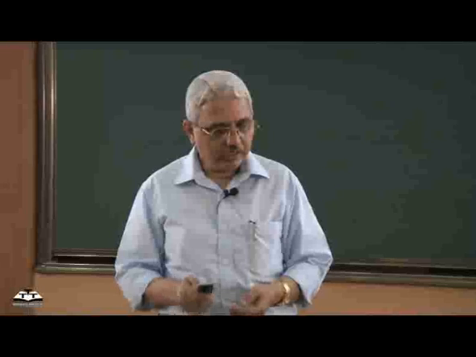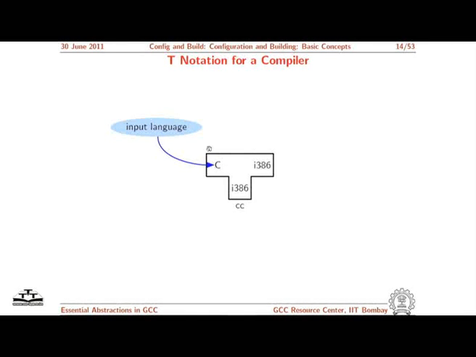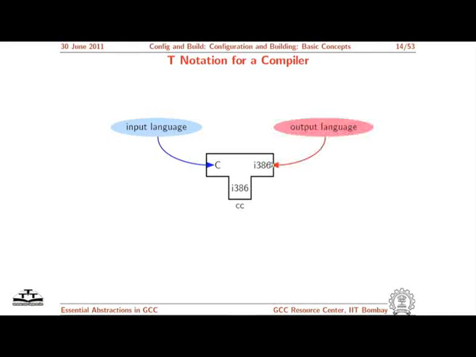Okay? So let's now look at certain basic concepts in building. We adapt a T notation from the Aho Sethi Ullman book. What does this T notation indicate? So the left part says that this is the input language. The right part says that this is the output language.